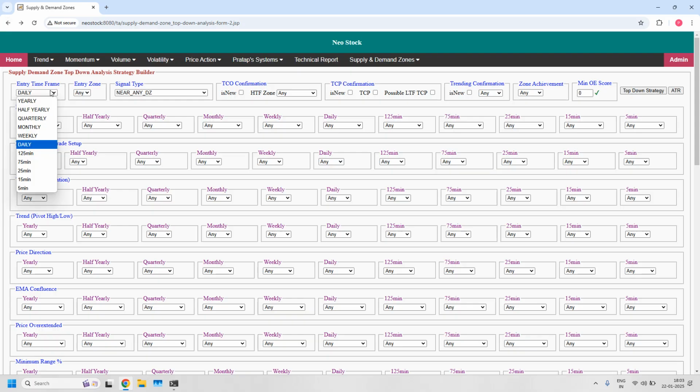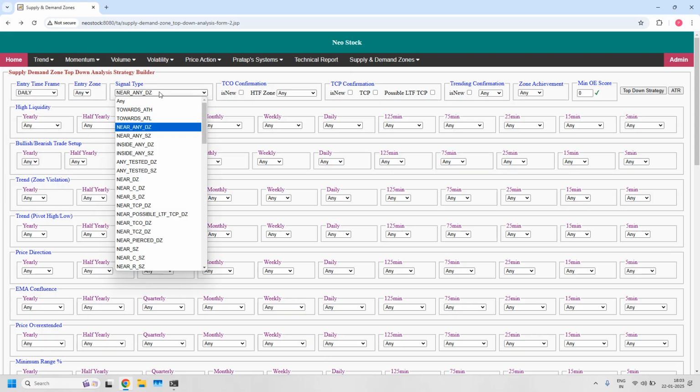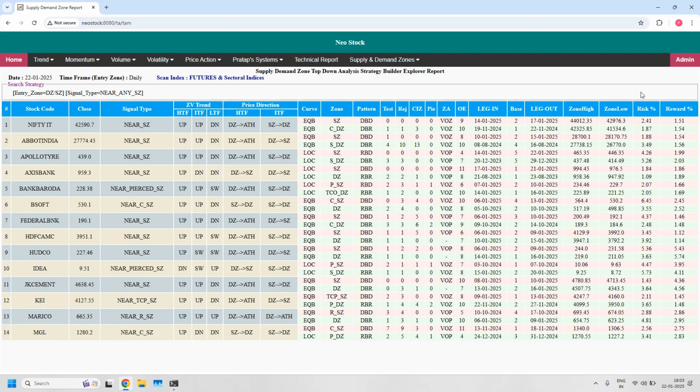Next, for daily time frame, let us find the stocks near daily supply zone. We got 14 stocks. Let us identify high liquidity daily supply zones from this list. Birla Soft is having a daily high liquidity supply zone.